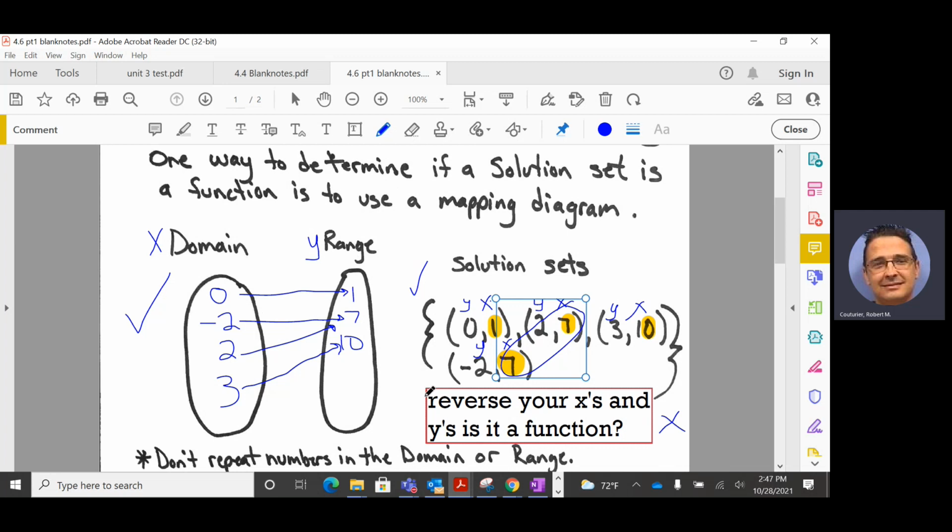This is like a twofold question here. We got it one way. We took those sets, we put it in a mapping diagram. We checked it. Now each x goes only one time. Then we looked the way they were originally written. Great. It's definitely a function. But then if they add us up and they change this rule, hey, reverse your x's and y's. Is it still a function? Absolutely not, because that would mean that you'd have something repeating.